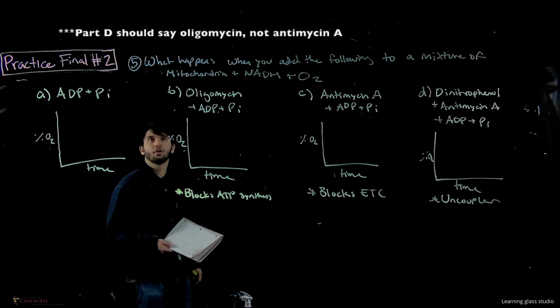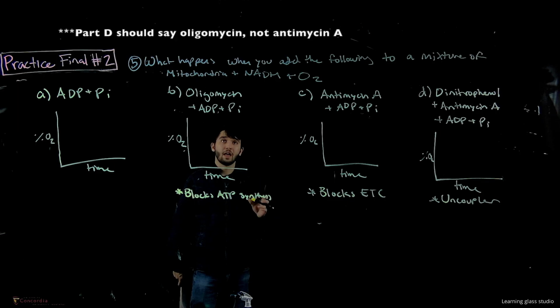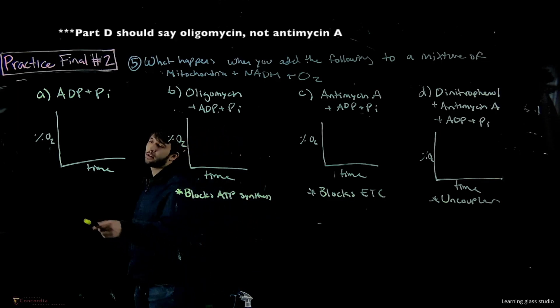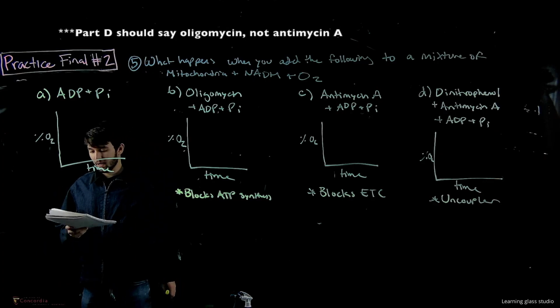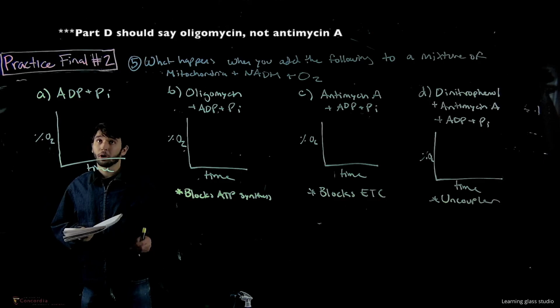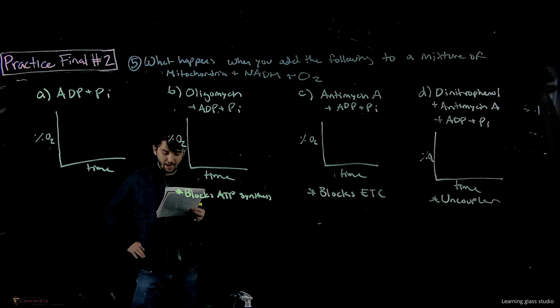All right, question 5. What happens when you add the following to a mixture containing mitochondria, NADH, and O2? So we are looking at O2 consumption here on the y-axis and time on the x-axis. So part A is asking what happens when we add ADP and Pi.